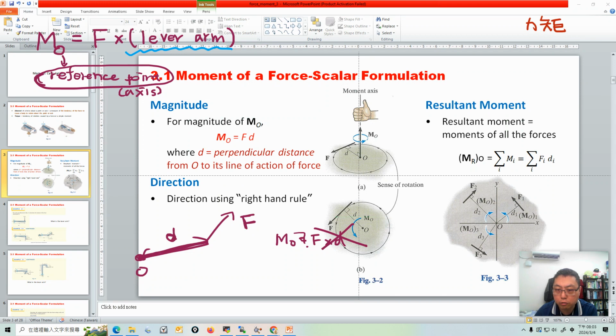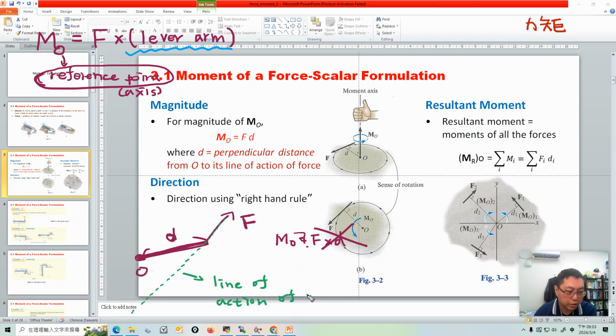Line of action of force means we can extend the force vector along its direction. I can make an extension here. The green dashed line is called the line of action of force.